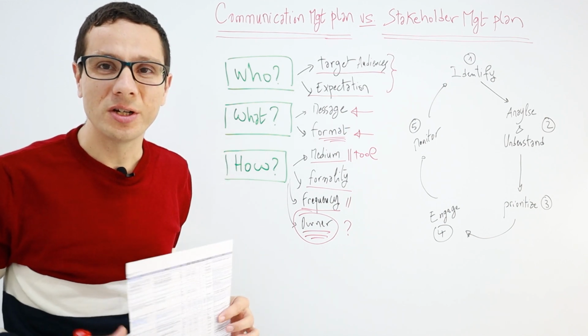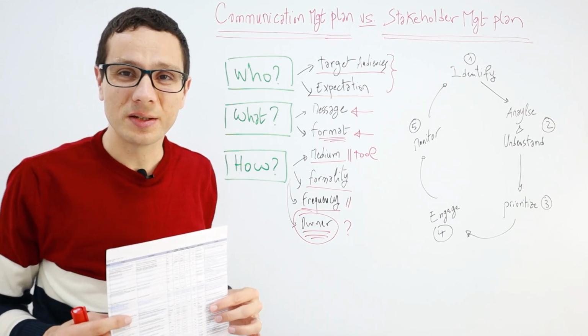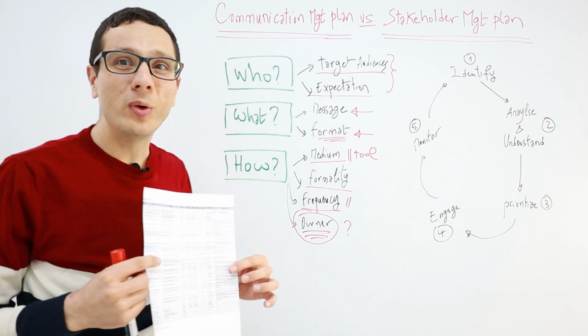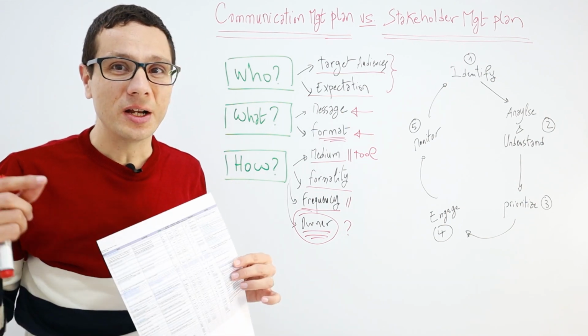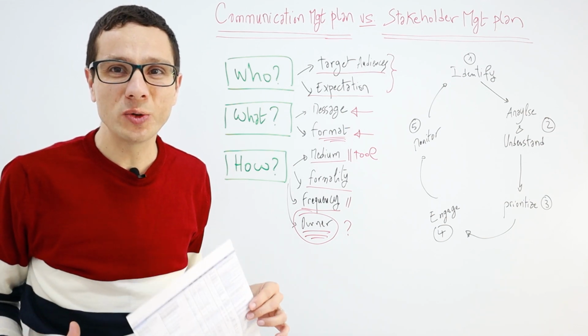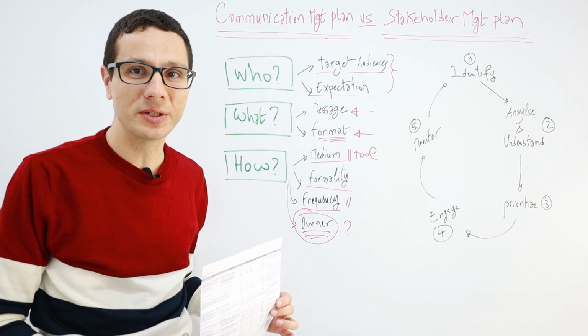What's the advantage? In one of our meetings, the key stakeholder said, I'm aware of your project. I got weekly updates in the last period. So how could I help, how could I push forward?